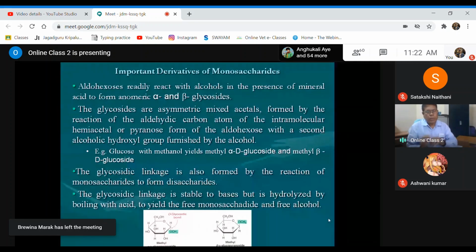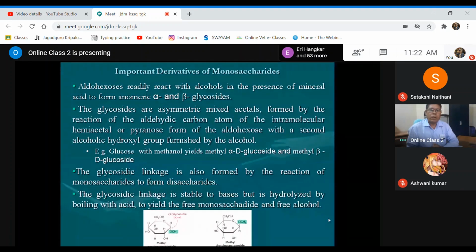Many compounds can react with these hydroxyl groups to form a derivative. Since the product is formed by the reaction of some groups with the monosaccharides, they are the derivatives of the monosaccharides.